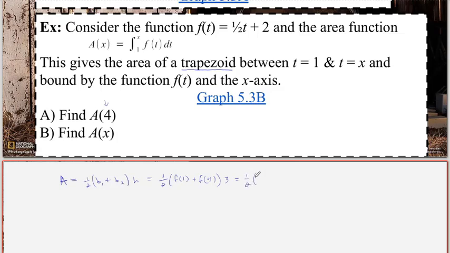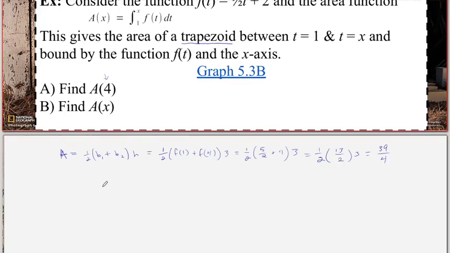Now we can figure this out pretty easily. f of 1, just plug 1 in for t, and you get 1/2 plus 2, which is 5/2. Plug 4 in for t, you get 2 plus 2, which is 4, and then we have times 3. So quick arithmetic here: 5/2 plus 4 is 13/2, times 3, times 1/2, is 39/4.